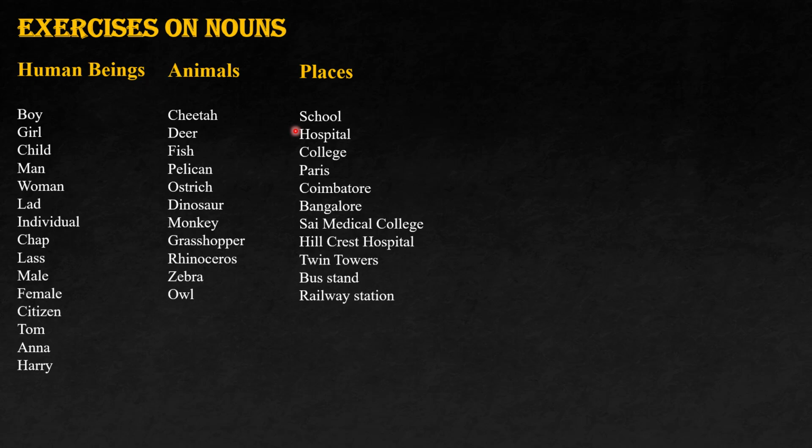Paris is again a kind of city. Bangalore, Sai Medical College, just an example. Hillcrest Hospital, Twin Towers, bus stand, railway station are examples for places. You can even place your city name, the village, college, hospital names.